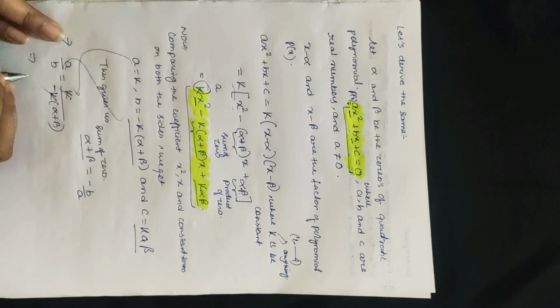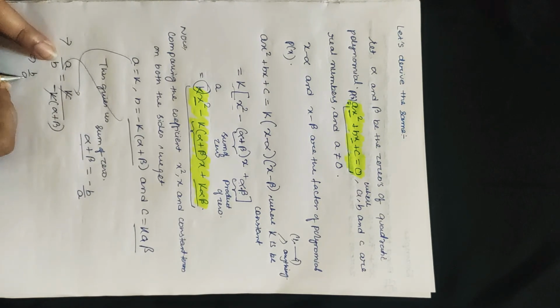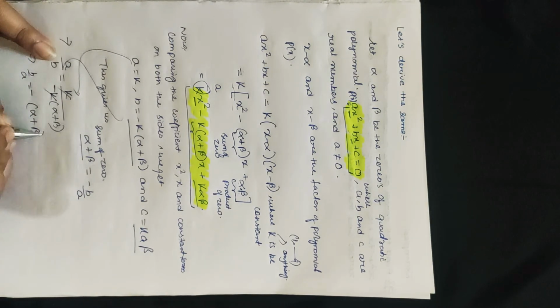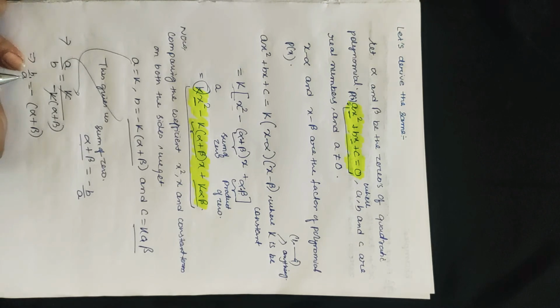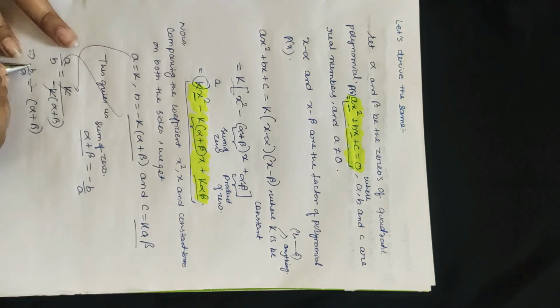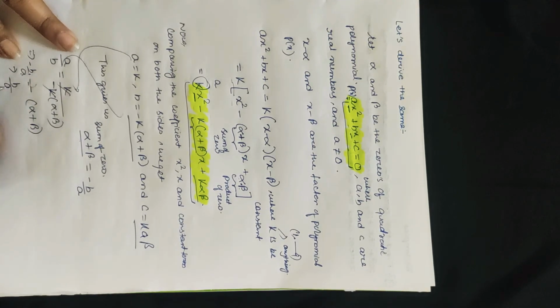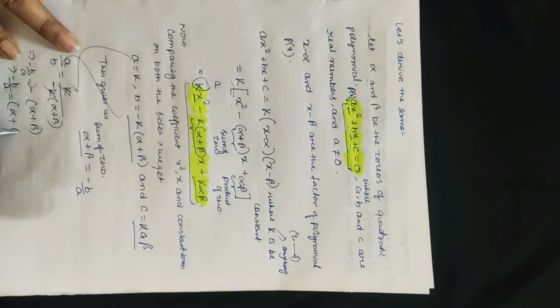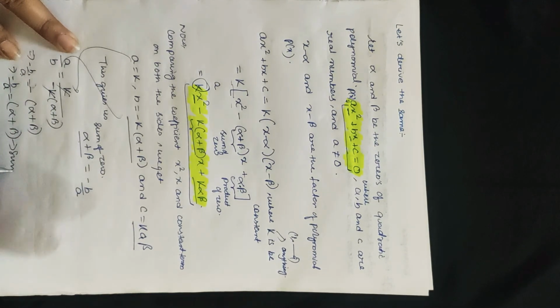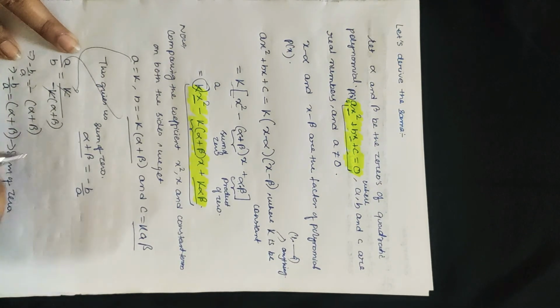So b by a is nothing but minus (alpha plus beta), so we put the minus on the left hand side, and minus b by a is alpha plus beta, which is the sum of zeros.